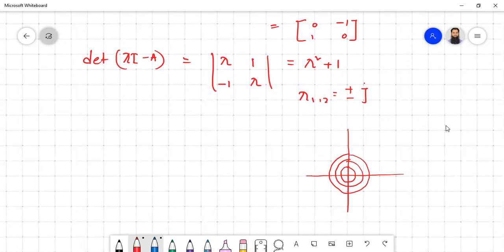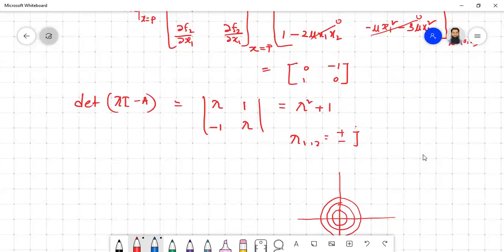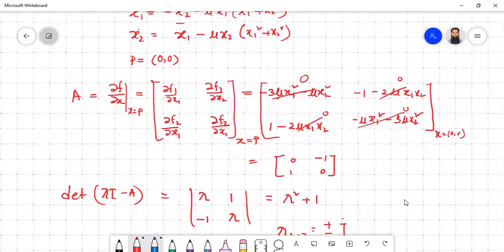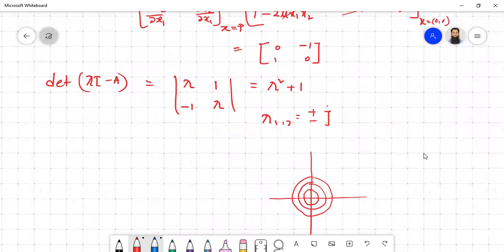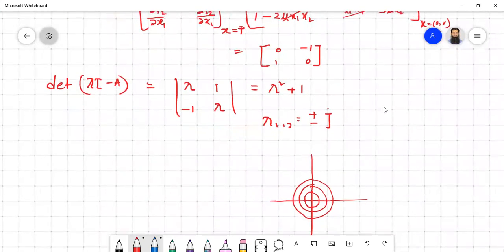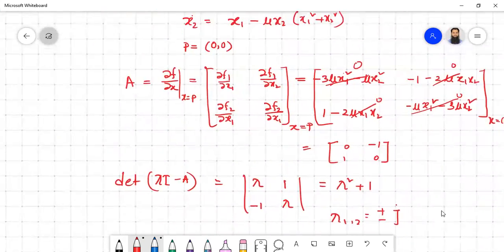So this is the prediction based on the linearization around the equilibrium point. But what is the actual scenario? What will be the actual behavior? This is what we want to see. Because of the imaginary nature, it is marginally stable, as we already know, that it will never decay or never exponentially increase.